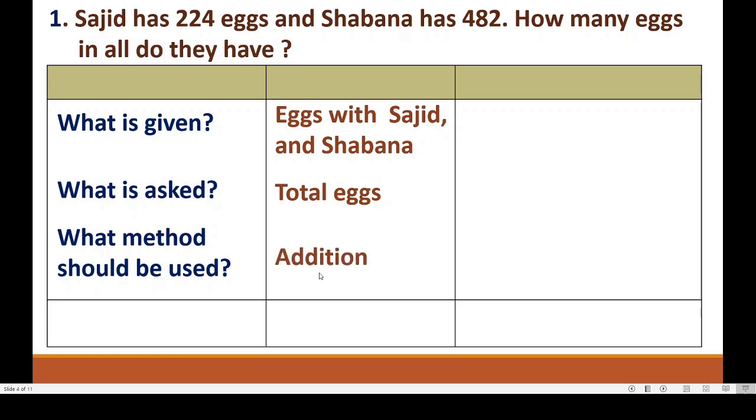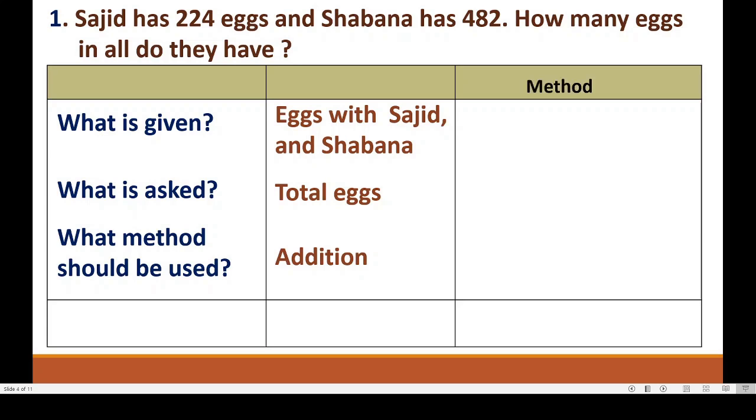Why addition here? Yes, because in the question it is asked that we have to find out the total eggs. Total is nothing but addition. If you add the given numbers, then we will get the total number of eggs, isn't it? Okay, now we will go for the method.